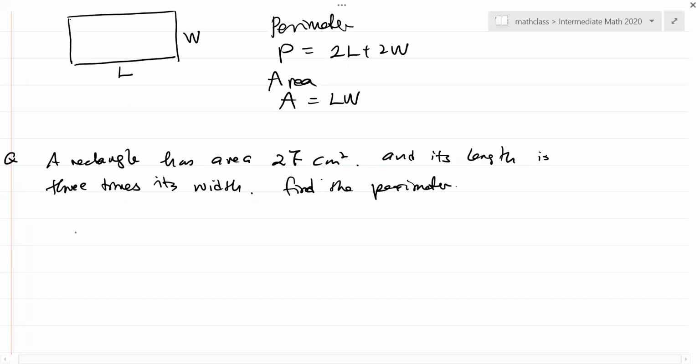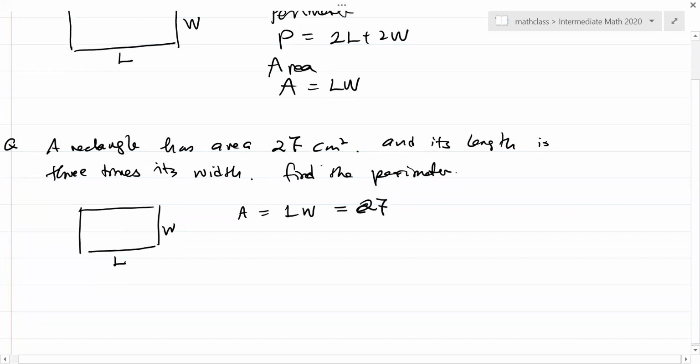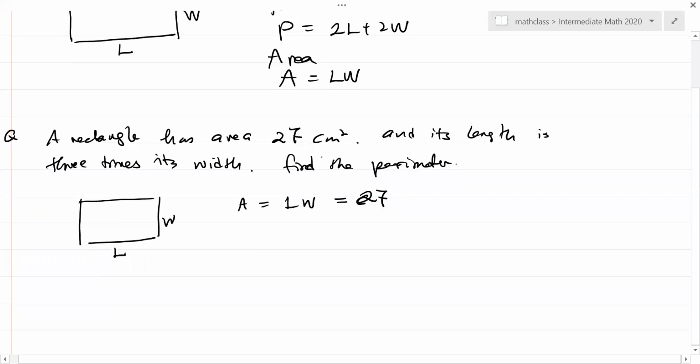Step 1, you always draw the picture, and you label, denote the length by L, denote the width by W. So you are given the area, and you want to find the perimeter. So you write down the given information. A is going to be LW, equals 27 square centimeters.